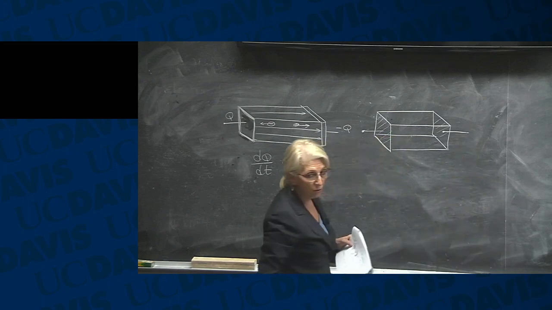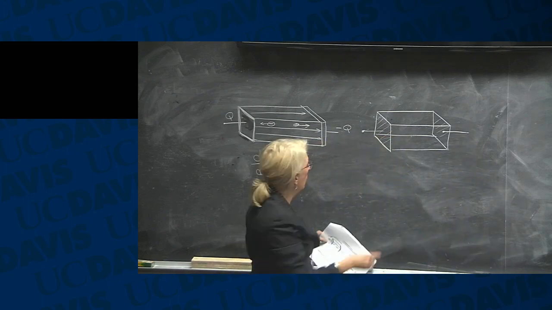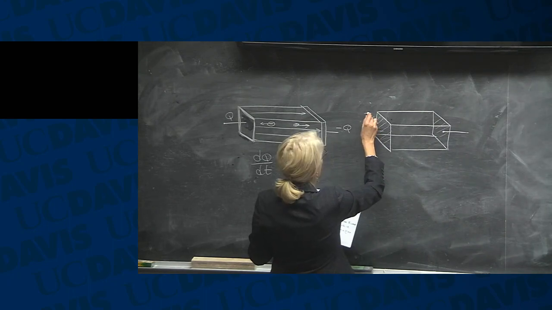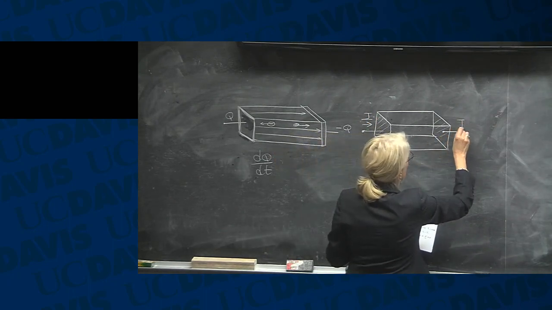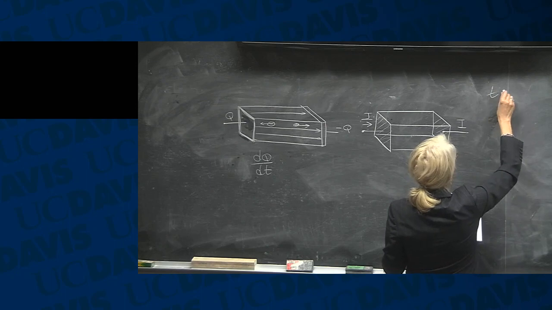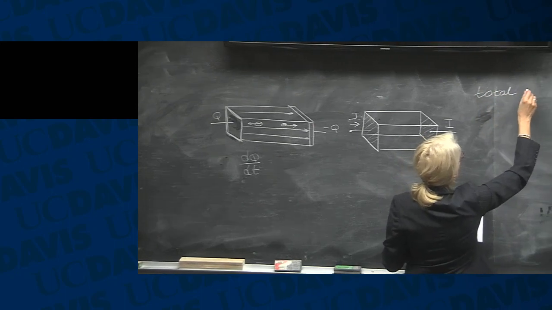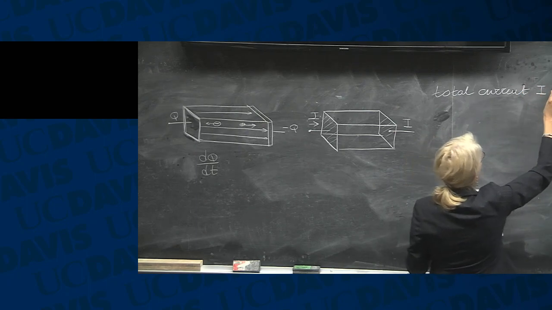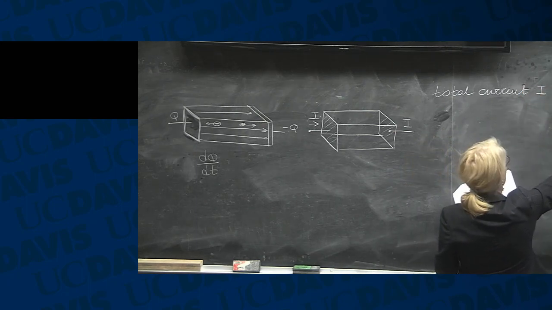And since there is a flow of charges out of the volume, then we show this here with a current, I. And this is a total current, and it's measured in amps.